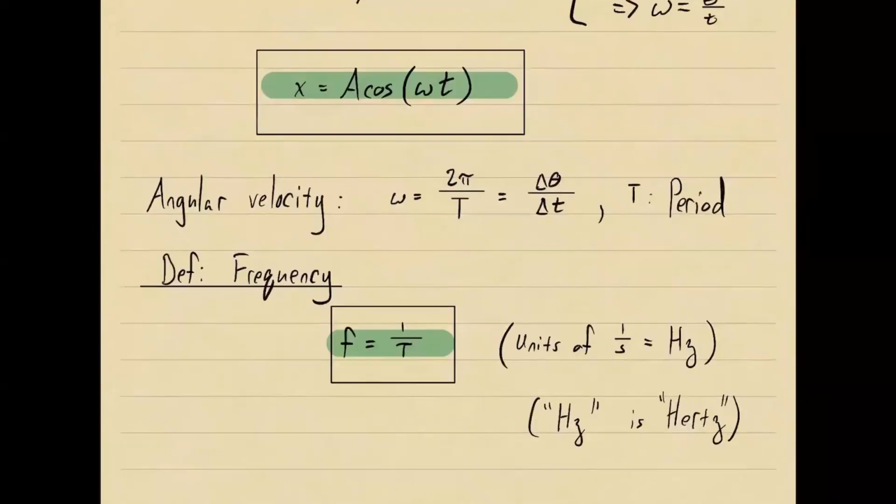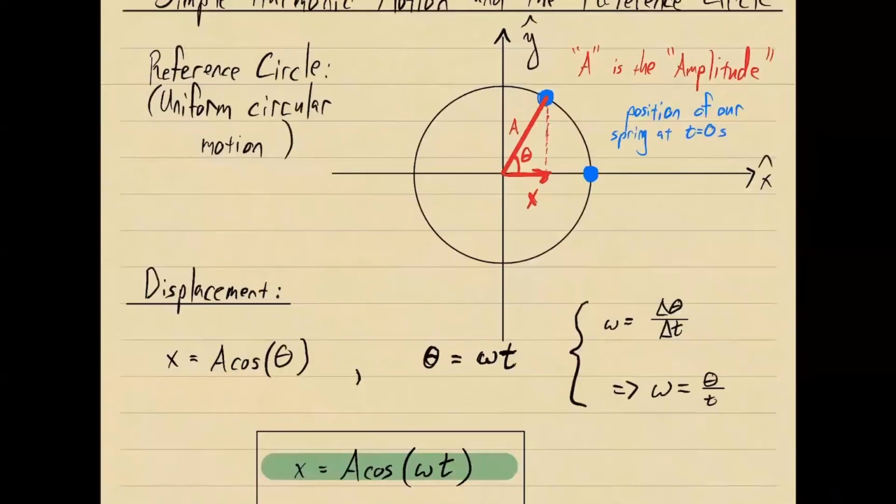Okay, so what is the frequency and why do we even bring it up? The frequency is how many times this thing undergoes a full revolution in 1 second. Let's say that you have a frequency of 2 hertz. That means that whatever is undergoing simple harmonic motion, in this case the spring, will go from its starting position to the other side and then back, and it'll do that twice in 1 second.